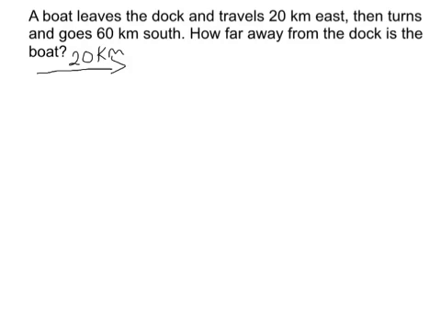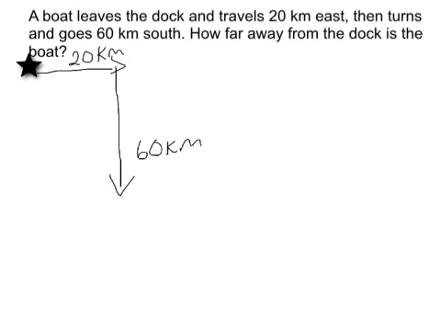I'll actually use a little star because I'm very fancy. So this is our starting spot there, that star. And we went 20 kilometers east from there. And then it says it turns and goes 60 kilometers south. So now I'm going to draw a line going straight down 60 kilometers.